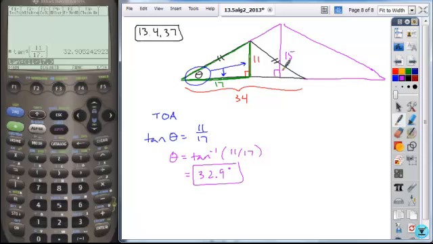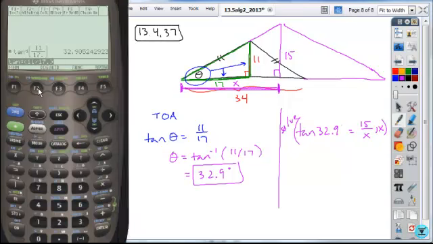And so here, what we would be looking for is this measure, the adjacent side. We would know the given angle, so we'd still use this same tangent ratio. The tangent of 32.9 degrees is equal to opposite 15 over adjacent. We'll call this x. And we can now solve for x. So we'll just use the calculator here and the solve feature.